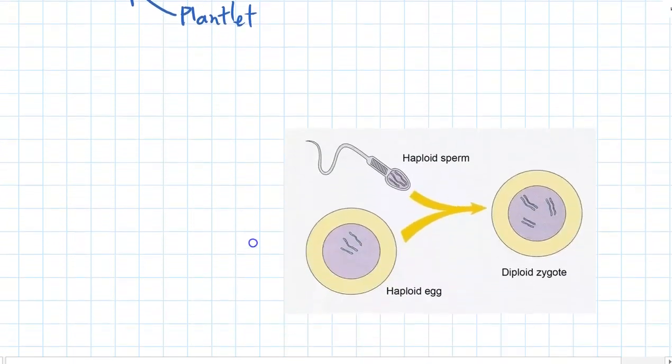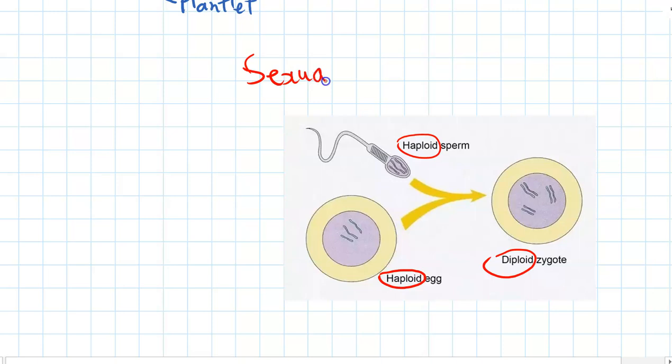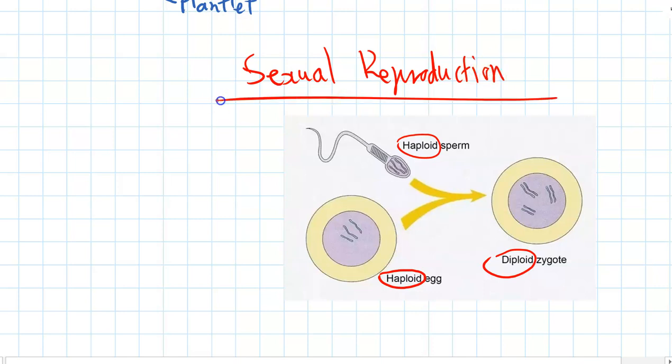Okay, so this is where the terms haploid and diploid come into play, which we learnt about earlier. So this is the classic diagram of sexual reproduction. So we remember that in sexual reproduction, there's a sperm cell from the male and an egg cell from the female, and they combine together in fertilisation.